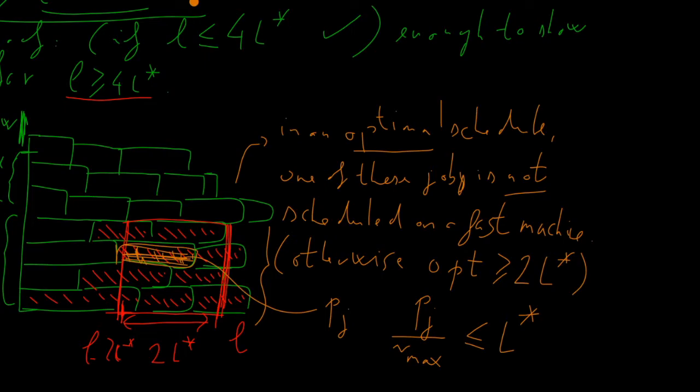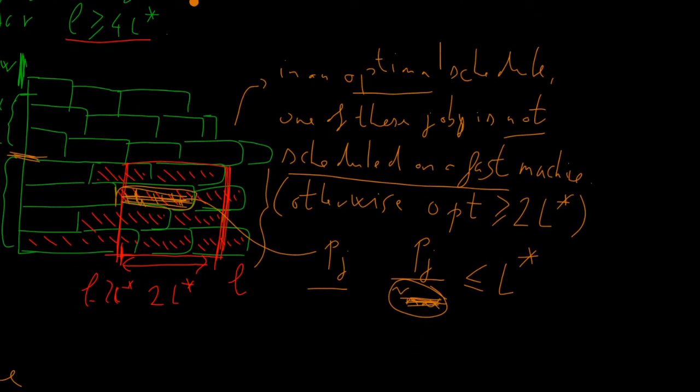Now, this bound can be improved, because if this job pj is not scheduled on a fast machine, then it means that it's scheduled on a slow machine in an optimal schedule, and then the speed of this machine will be at most v, which means that pj divided by v is at most L star.